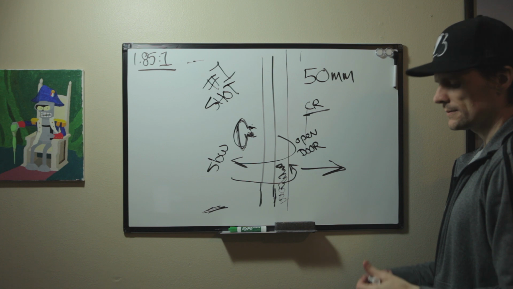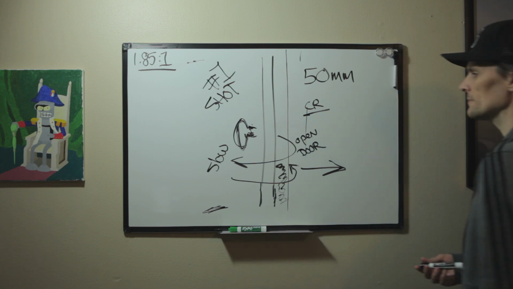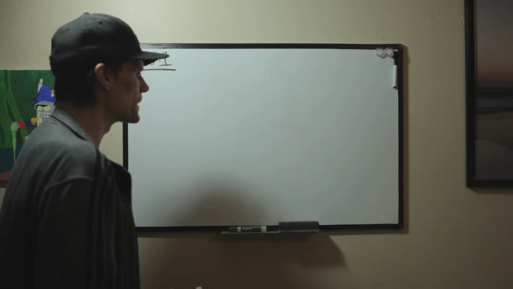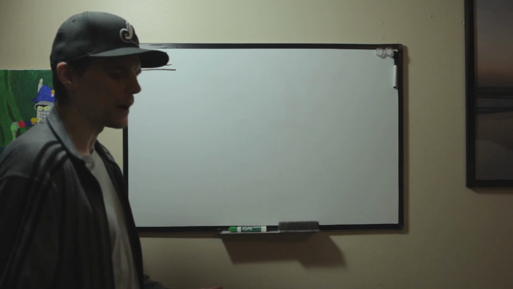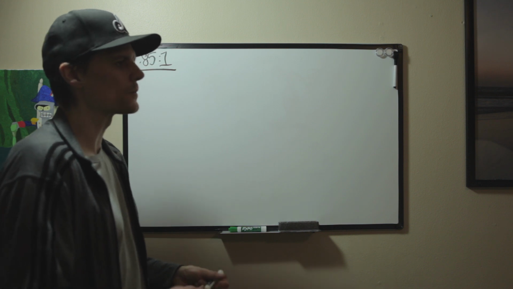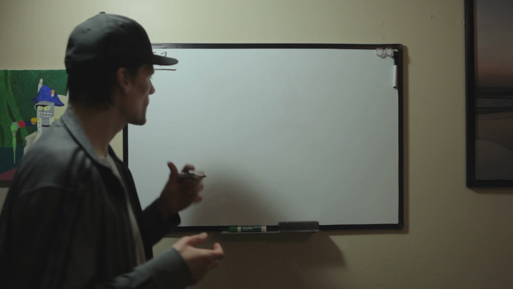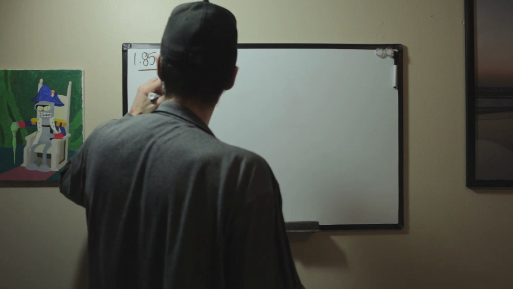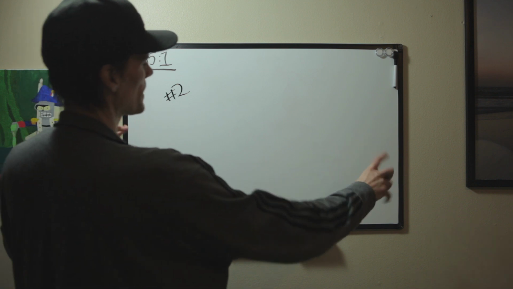Think about that for a second. Number 2 would be you'd have to shoot it on a wider focal length, so it'd probably be like a 24 or 35, something like that, because we're going to be raking downward. So number 2 is going to be a raking down shot. So you picture this as the frame.